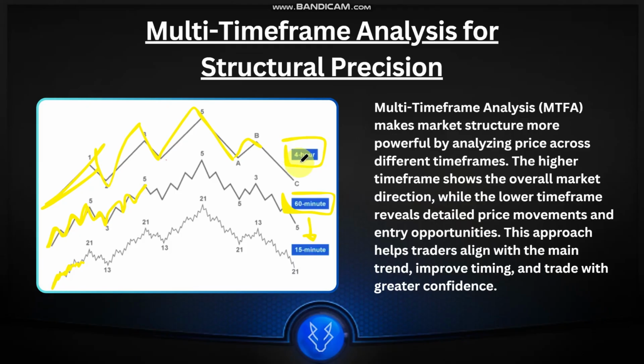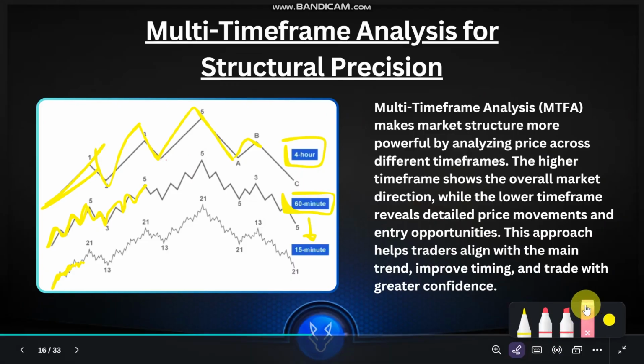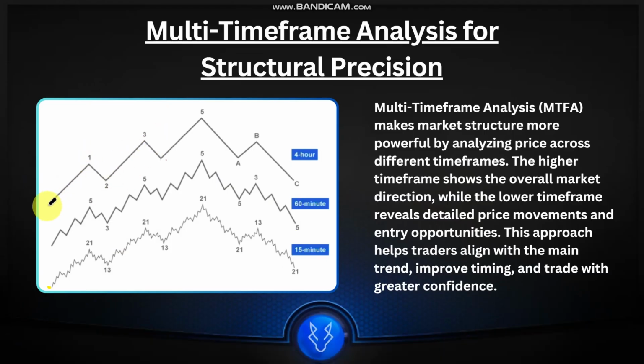So what we are doing when it comes to multi-time frame analysis is that we want to know the overall trend of the higher time frame, and then align and take our entries on the lower time frame. Okay, so if the market has been trading, made this high here, made this low, made this high here, right?